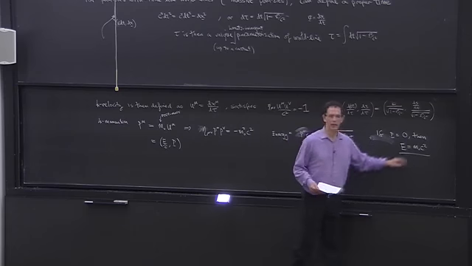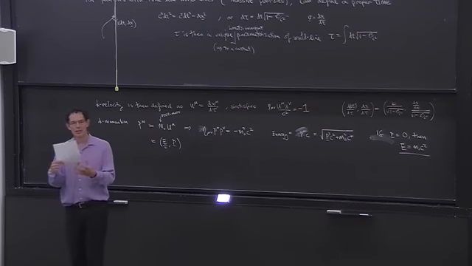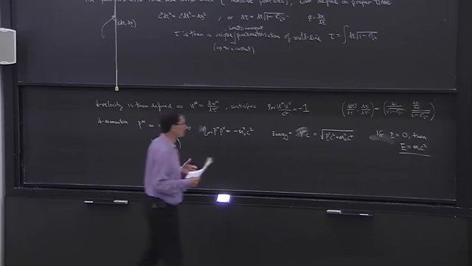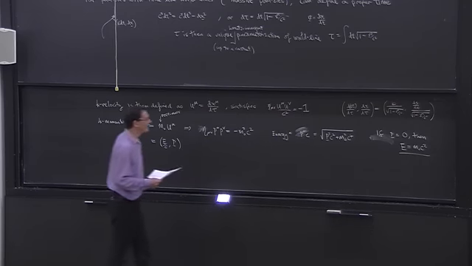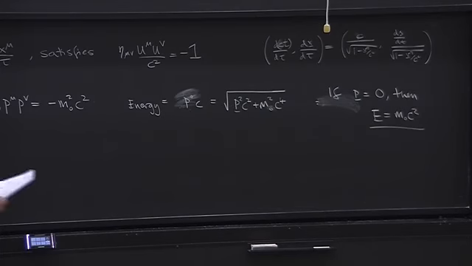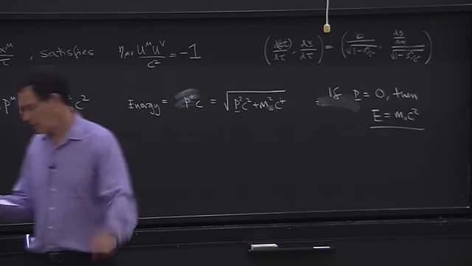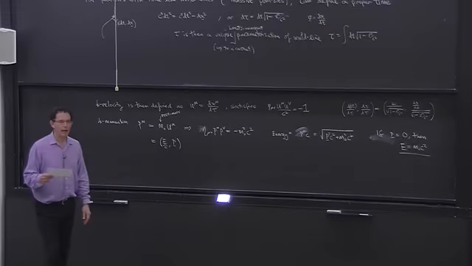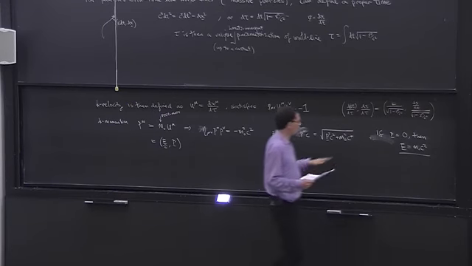But what this is telling you is that once you start putting things together, like energy and momentum, into 4 vectors, they become related. And then the mathematical machinery sort of has a logic of its own. And what the mathematical machinery points to is that actually a particle at rest has some energy. That's not a physical argument. It's a mathematical argument.